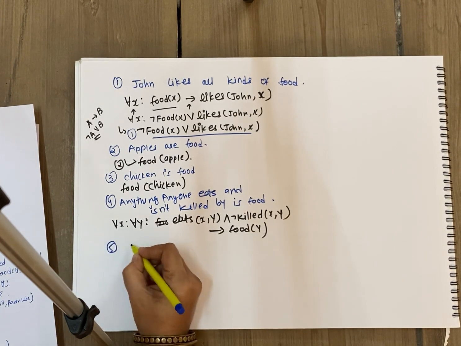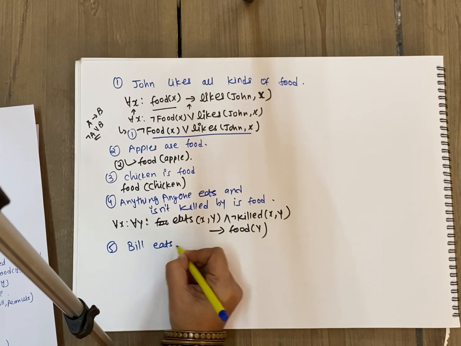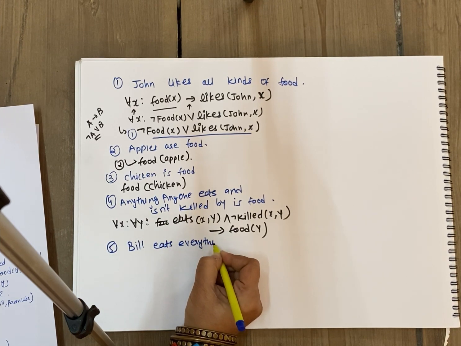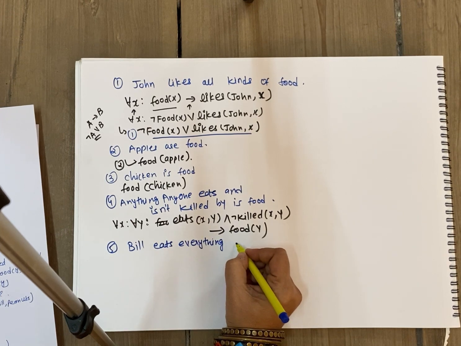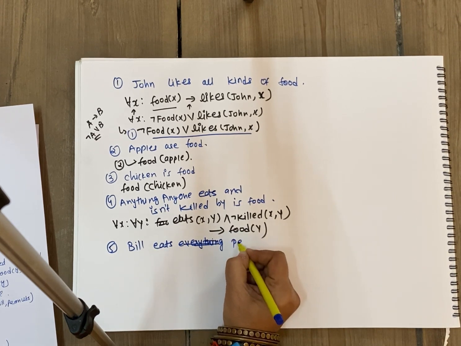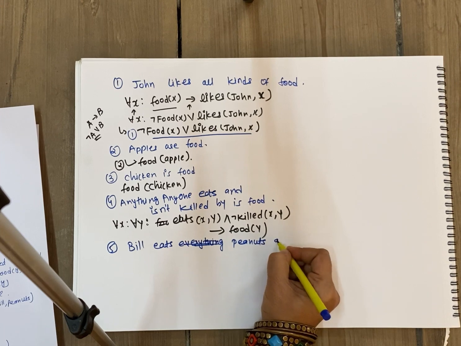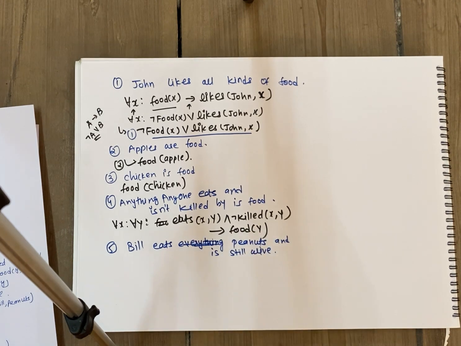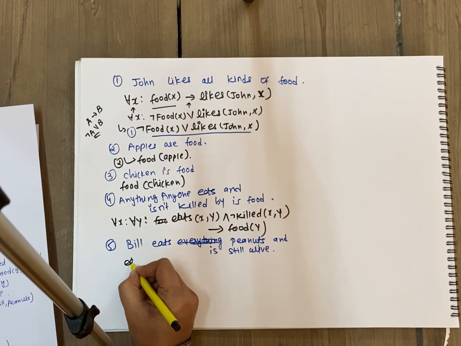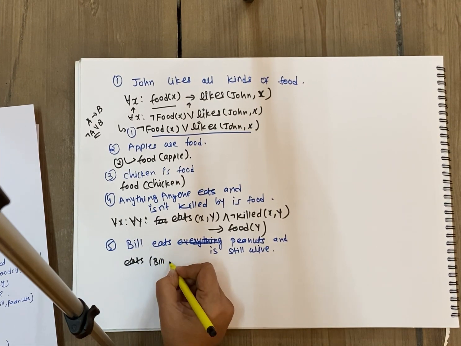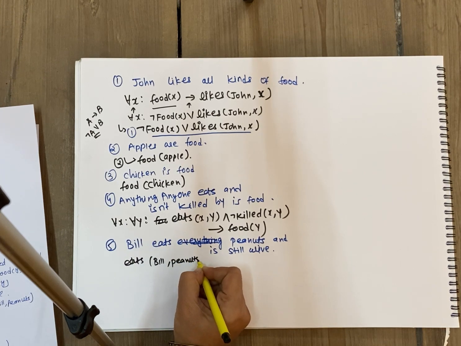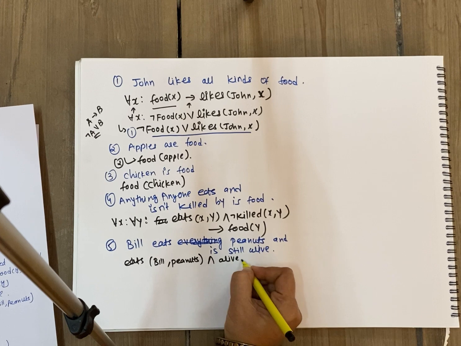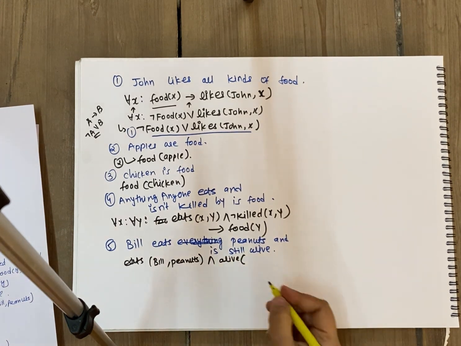The next statement: Bill eats peanuts and is still alive. So we are going to write that as eats Bill, comma, peanuts and alive. Now Bill is alive after eating peanuts, that fact we need to incorporate.